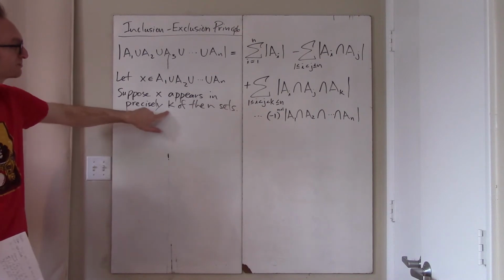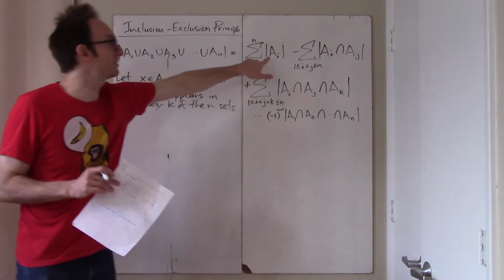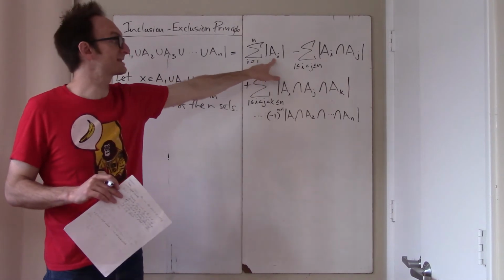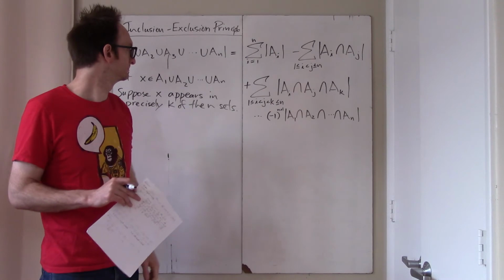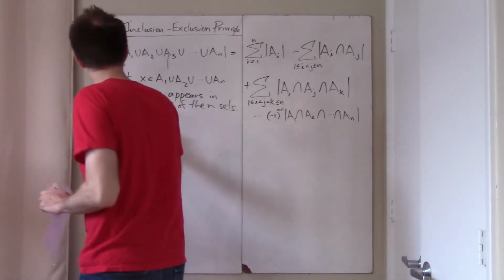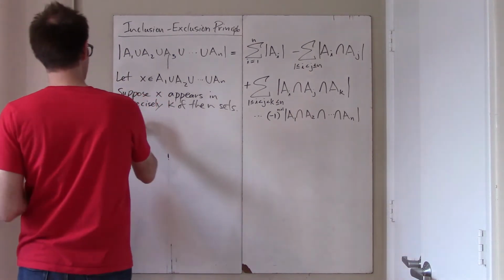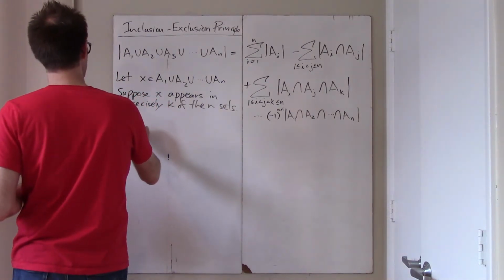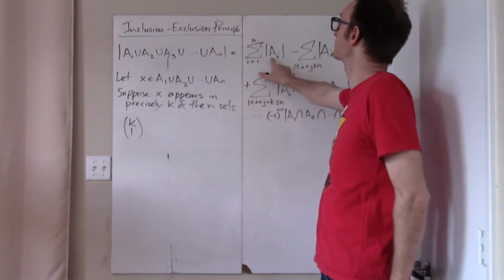Well, if x appears in precisely k of the n sets, then in the first step, x gets counted k times. So that's what I'll just write down. We get k choose 1. We have just counted x k choose 1 times.